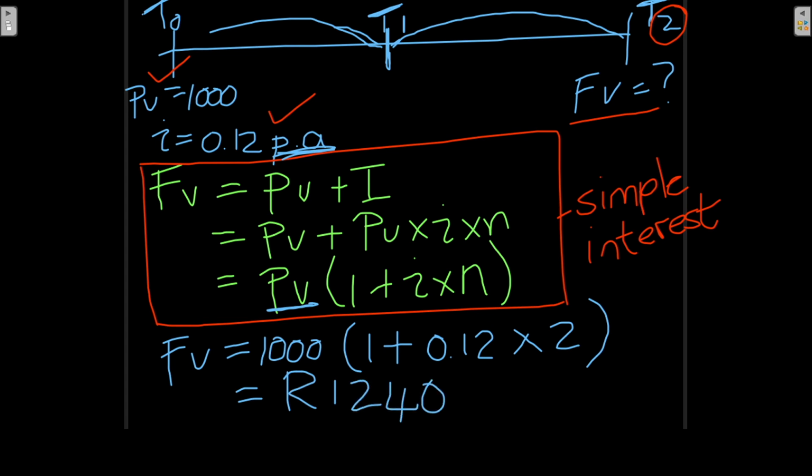So my future value consists of the principal amount, the original amount borrowed, which was 1,000 rands, plus the interest on that loan, and the interest part will then be the 240 rands.